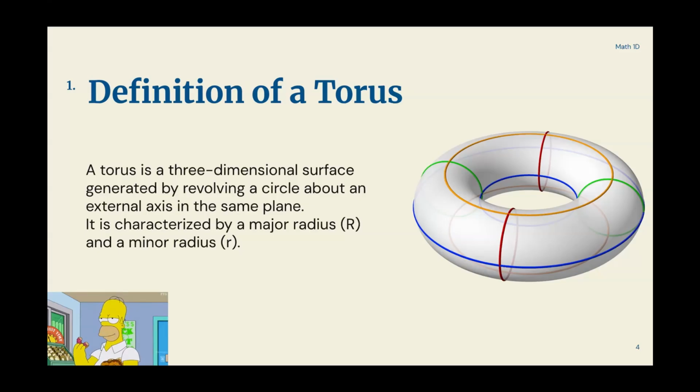The big R rotates around the z-axis, and then the small r rotates about the big R. So it's kind of like using this circle, and it goes around this circle track, and it forms a donut shape. The big R is the shape of the donut, and the small r is the tube of the donut. Okay, that's the definition of the torus, and we'll understand it more when we parameterize it.